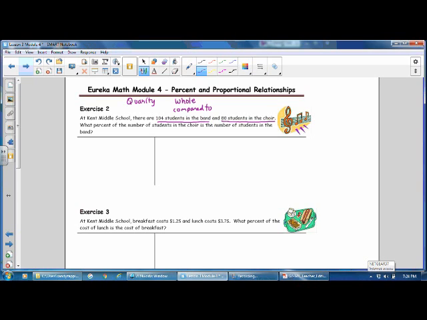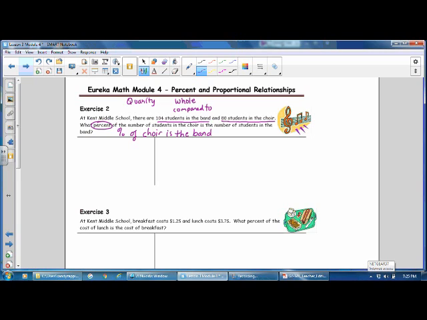What percent of the choir is in the band? What percent of the choir is the band? So we want to know what is our whole and what is our quantity. Well, what are we comparing it to?